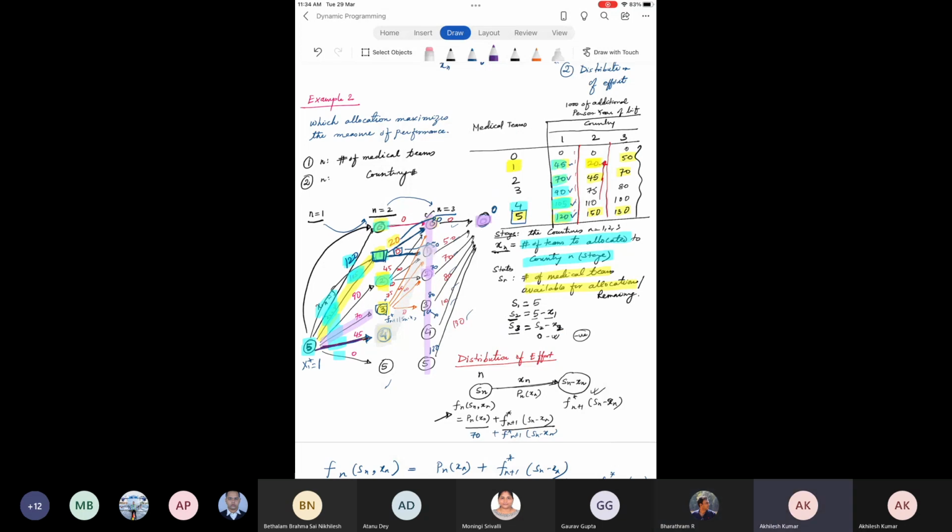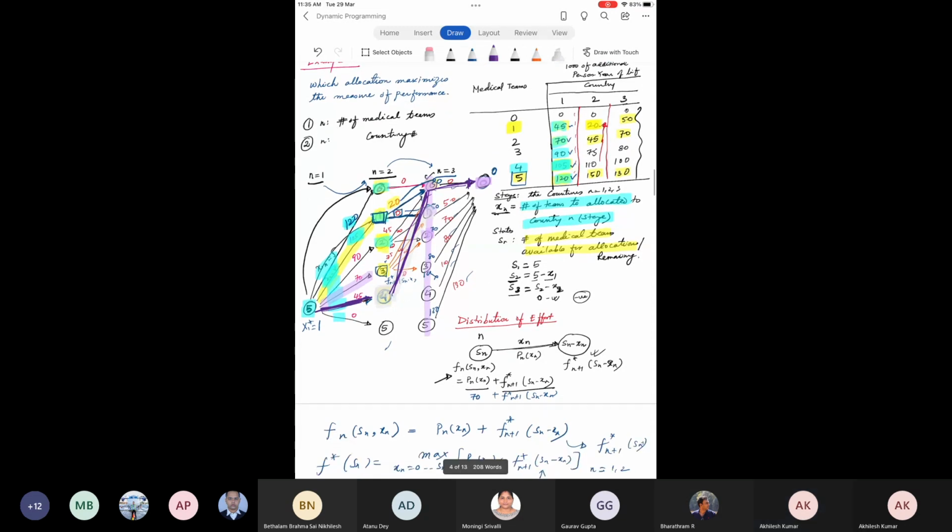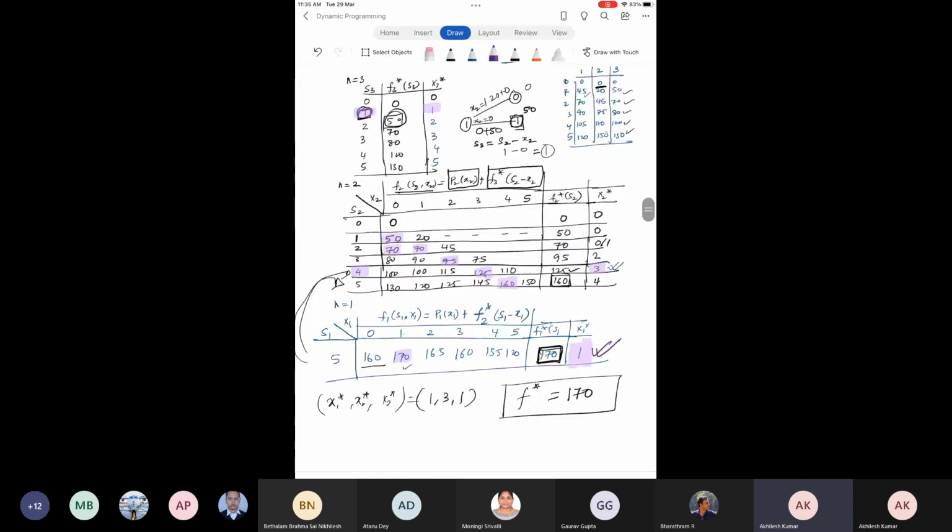So the path you are following is, right. Okay. Make sense? Okay, sir. So from the table, what you need to see is simple. This is my x1 star, 170. I already know the definition of S2, which is 5 minus x1.